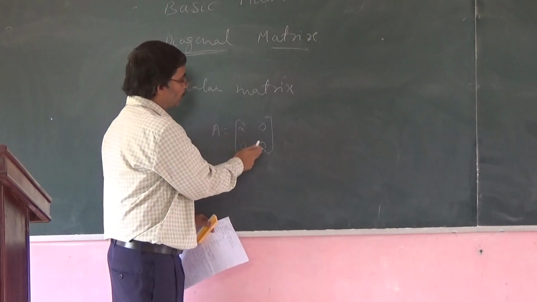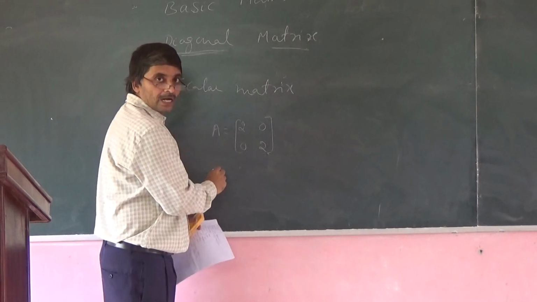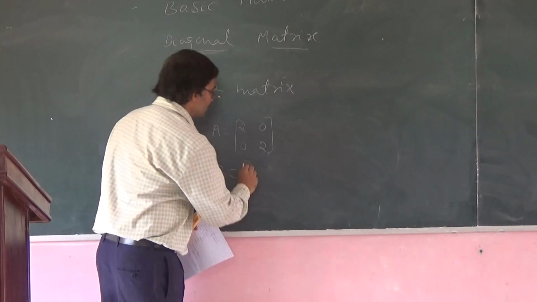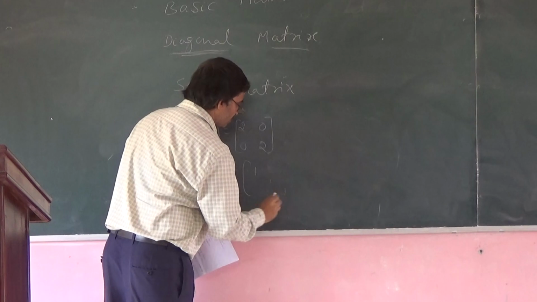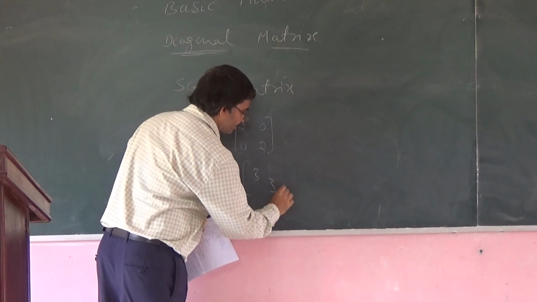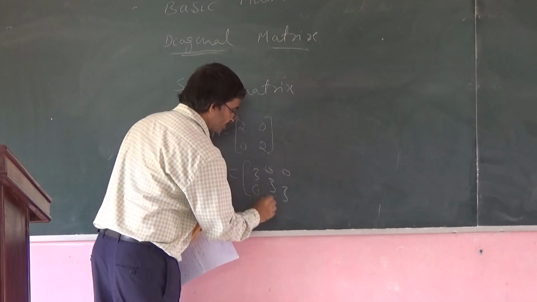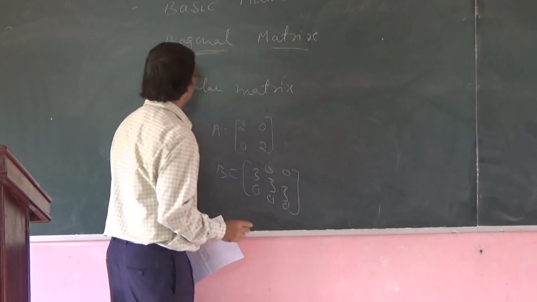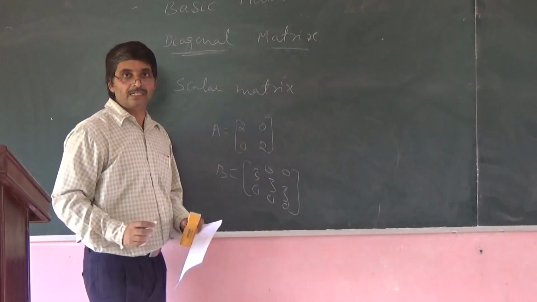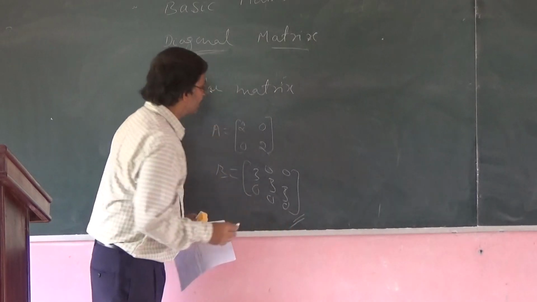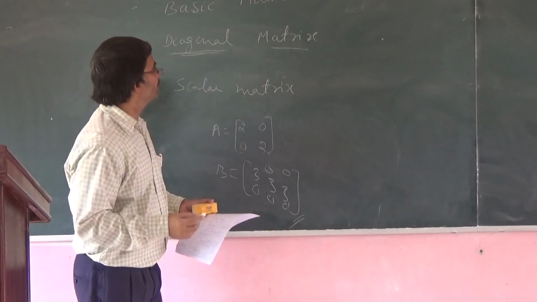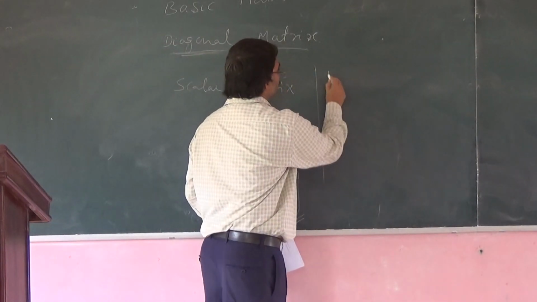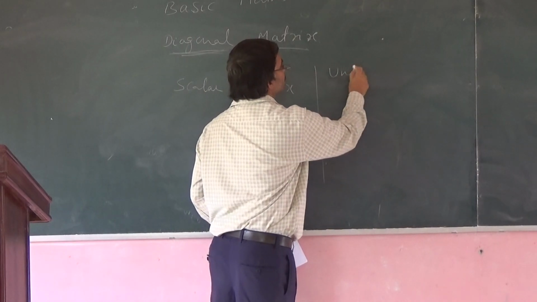So I am having 2 and 2 here. One more example, 1, 1, 1 or 3, 3, 3, rest are zeros. So this is again an example of a scalar matrix. And one more type I will give you, what is called a unit matrix.